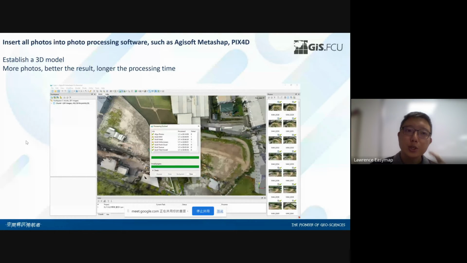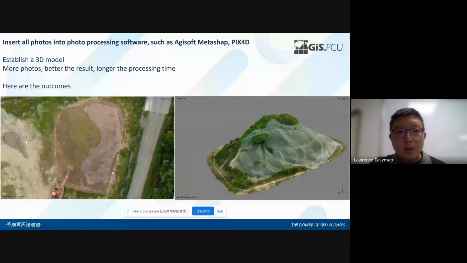After we take the pictures, we put them into photo processing software to establish the 3D model. Of course, the more pictures you capture, the more details you get, and the better the result, but the processing time will take longer.